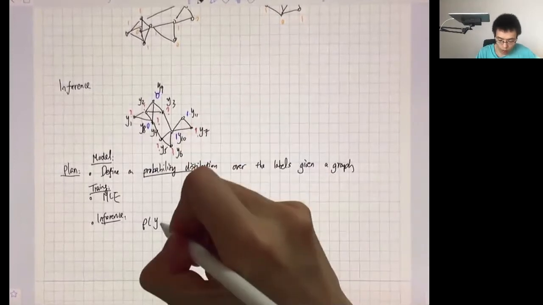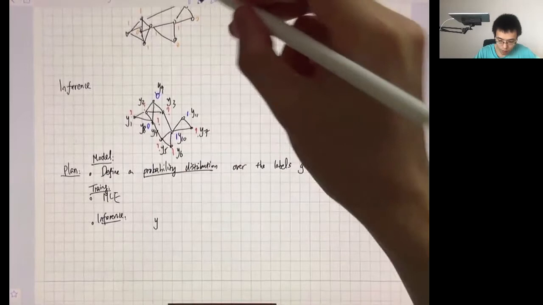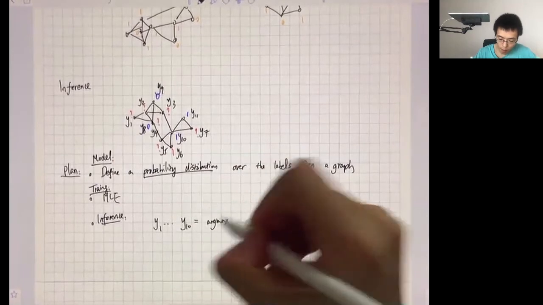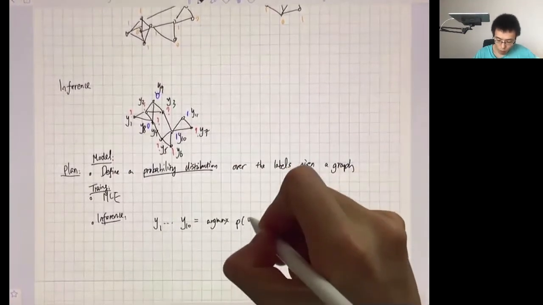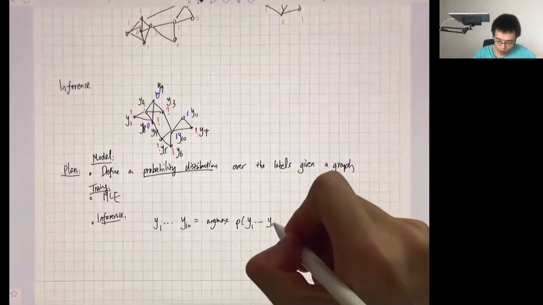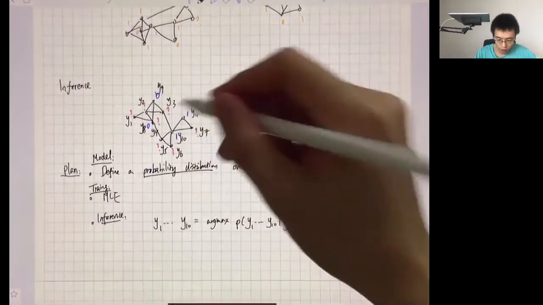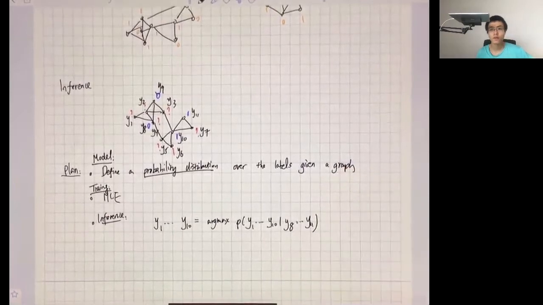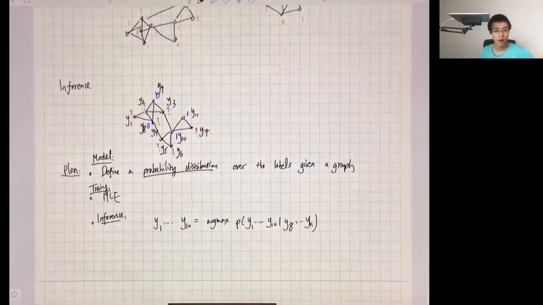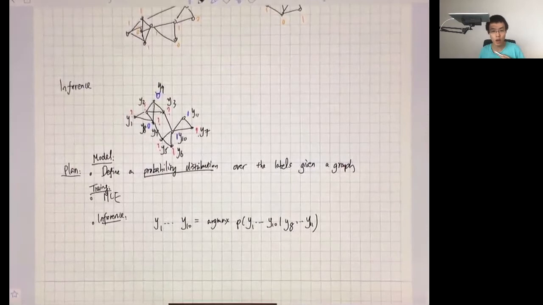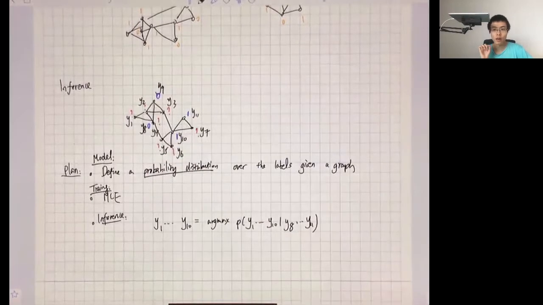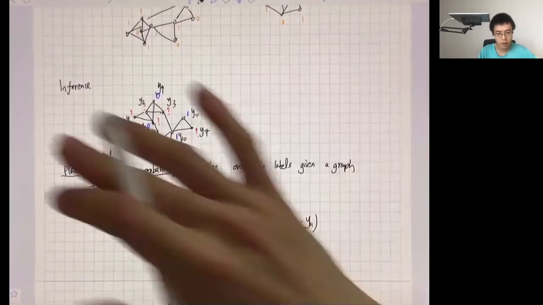So I would predict y1 up to y10 as the argmax of p of y1 up to y10 given all the other things, y8 up to y11. So this is the general idea, because we do maximum a posteriori inference. We don't deny what we have observed, but based on my observation, I will pick the category that is most likely. So this is my plan.